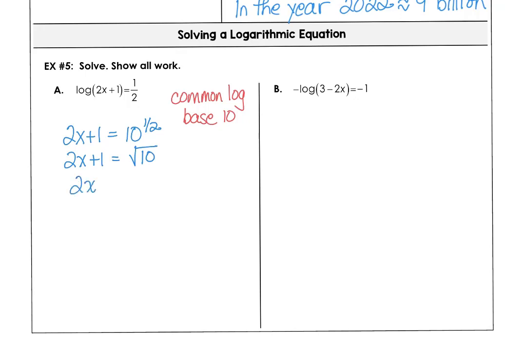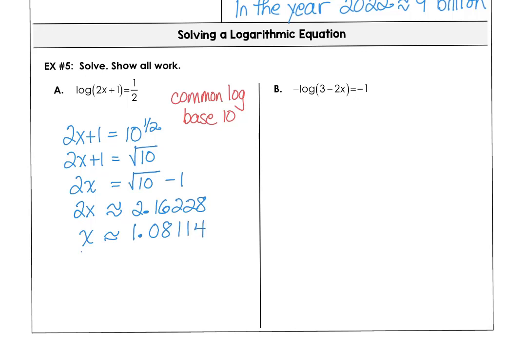So isolating the variable side on the left, 2x is equal to the square root of 10 minus 1. And if you calculate the square root of 10 minus 1, that's about 2.16228. Then divide both sides by 2, and we get 1.08114. And then you can, again, check with your calculator, log base 10 of 3.